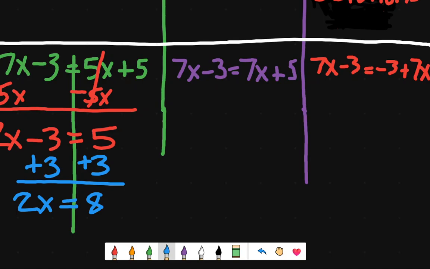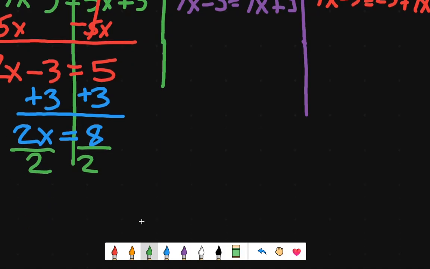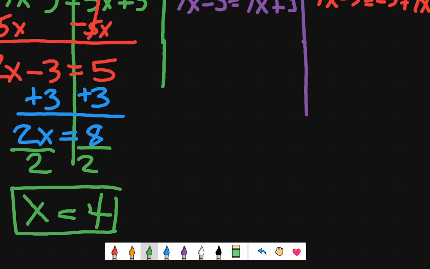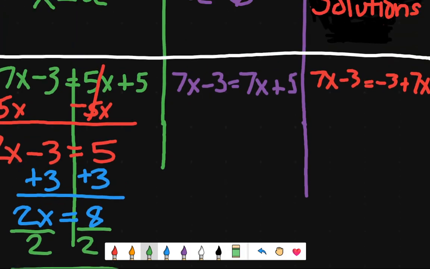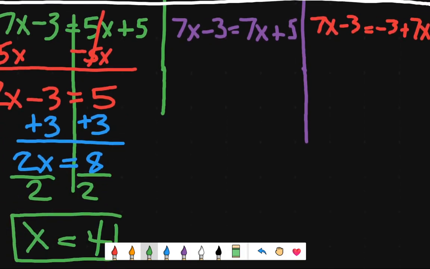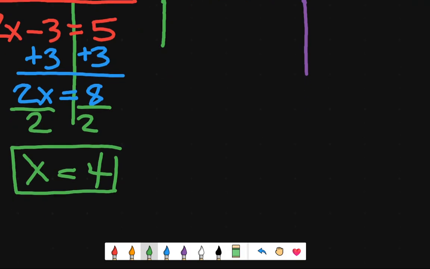We want to isolate the variable, so we divide both sides by 2. And once we divide both sides by 2, we get our final answer. X is equal to, well, what's 8 divided by 2? 4. So this is a one solution problem. One solution is x is equal to this constant. X is equal to 4.